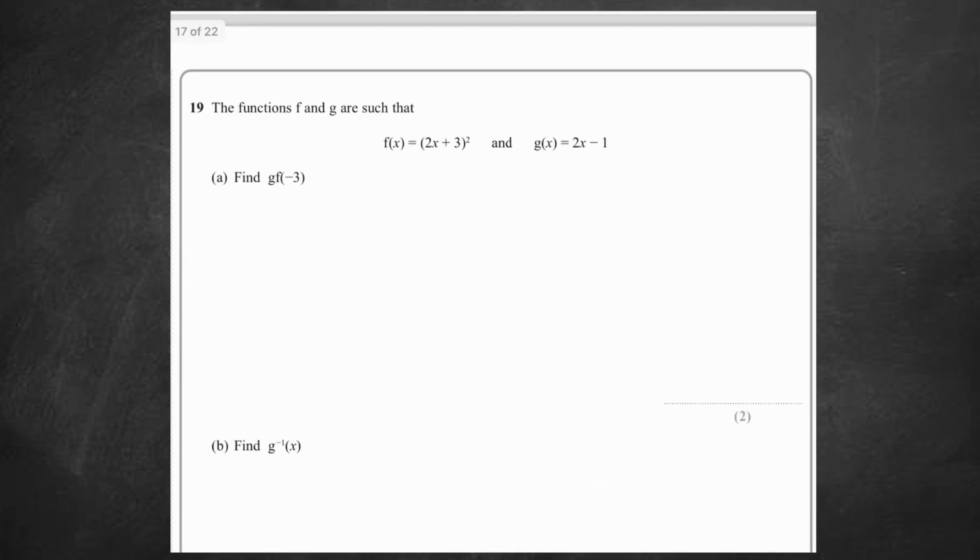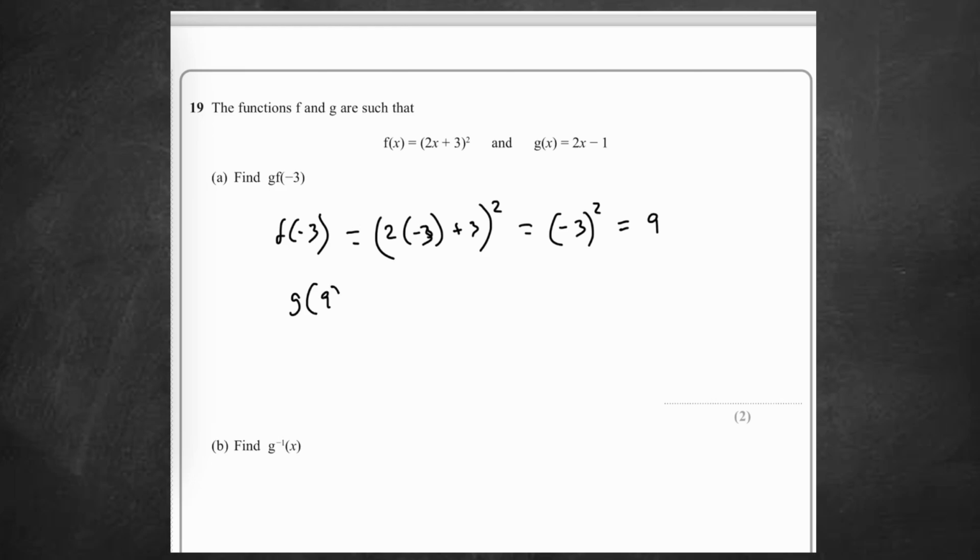Question 19. The functions f and g are such that f of x equals (2x plus 3) squared and g of x equals 2x minus 1. Find g of f of minus 3. So what we have to do first is f of minus 3, which is going to be 2 lots of minus 3 plus 3 squared. 2 lots of minus 3 plus 3 is just minus 6 plus 3, which is minus 3 squared, equals 9.